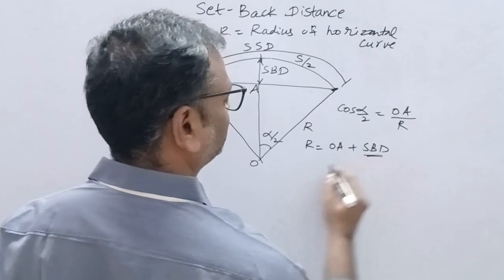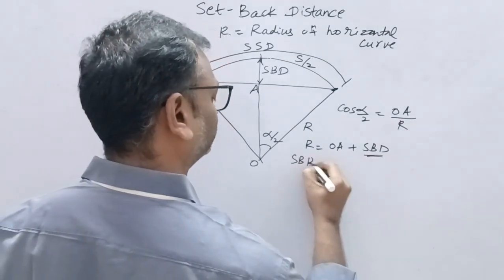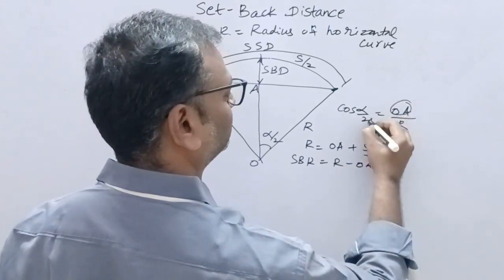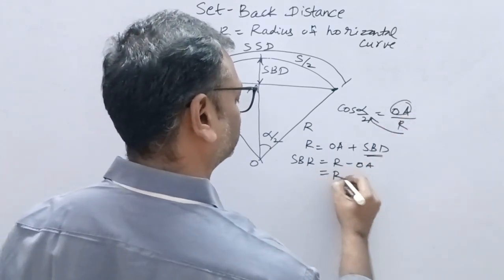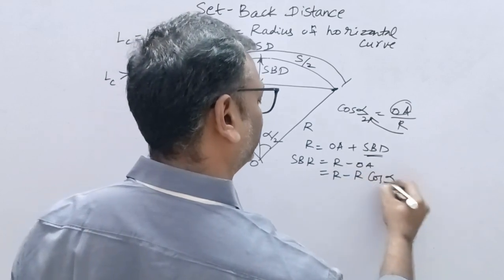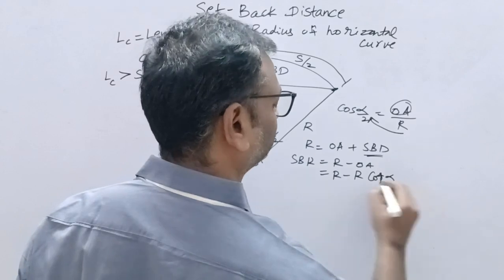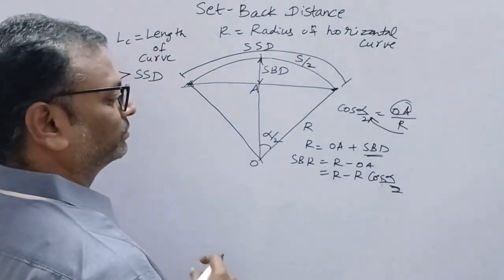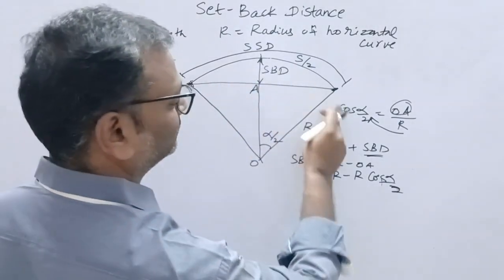Now the setback distance is R minus OA, where OA is R cos alpha by 2.